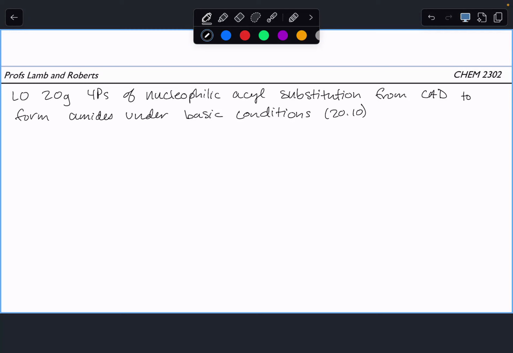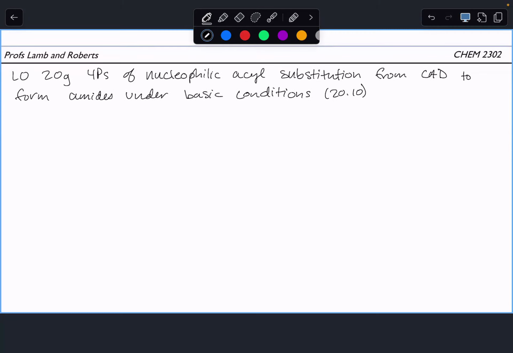We've actually already learned 2 of these reactions, but we're going to talk about them a little more broadly. Amides are always formed under basic conditions, so that's easy. It's always true. But it must be from a carboxylic acid derivative, not from carboxylic acids.